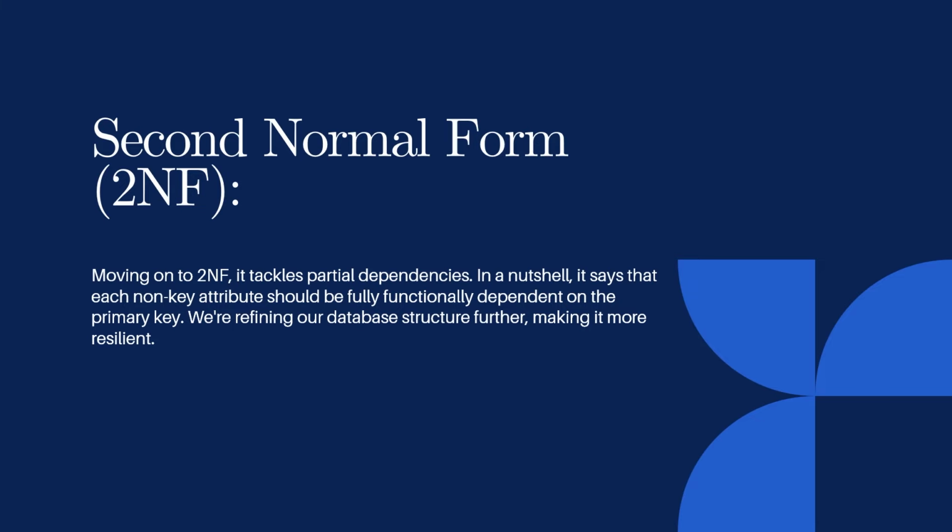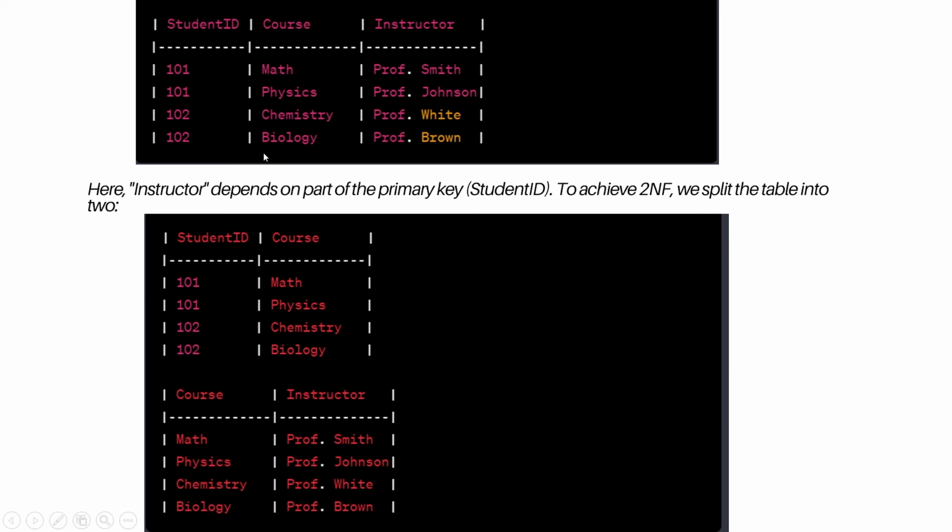The second normal form is the process of tackling partial dependency. It means it wants to ensure that your non-key attribute is fully functionally dependent on your primary key. Now, what is the primary key? What is a non-key attribute? I'll try to explain. The key that is very important in a table, that is not going to get repeated and that is used to access the data of that whole table is known as primary key, which means here it is student ID.